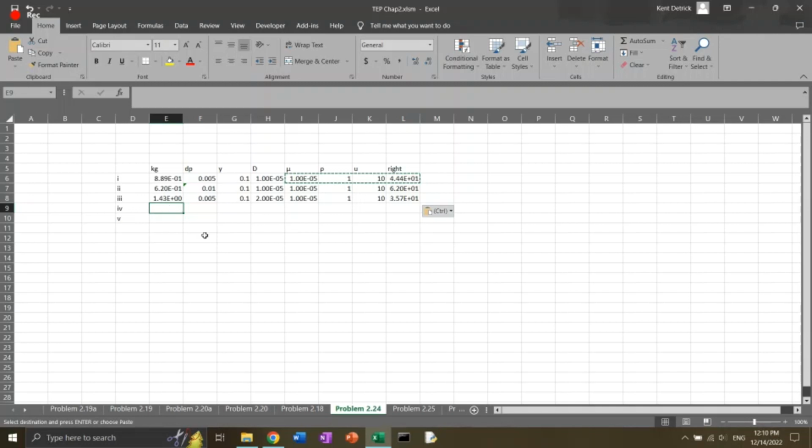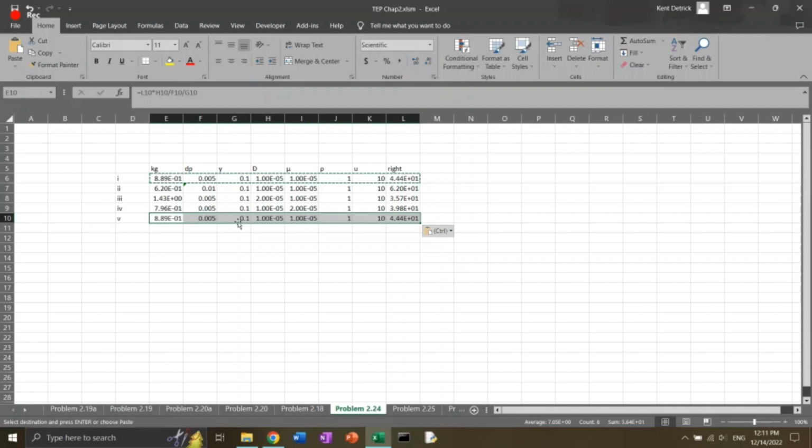And in number 4, everything's the same, only the viscosity is doubled. And in the last one, everything is the same, only the velocity is doubled.